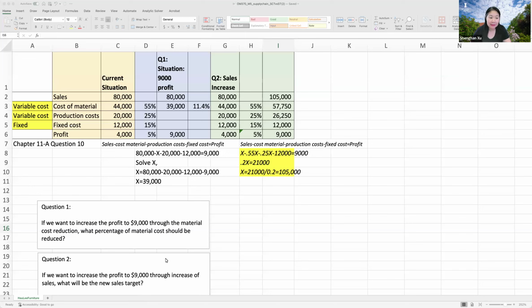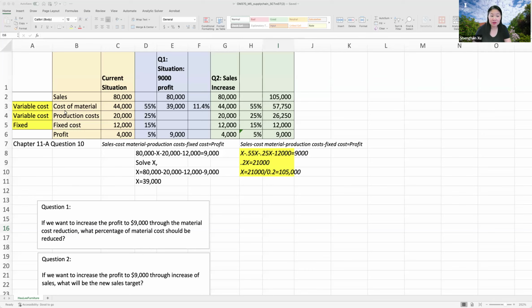Okay. And this is the problem from your textbook, chapter 11-A, question number 10. And this is about Holly's furniture. So if you do the quiz, one of the problems is very similar to this. Each one of you will have a dynamic version of the problem, which means that you have the same problem, but the numbers are different.